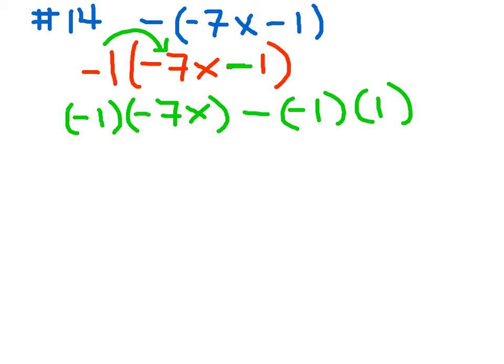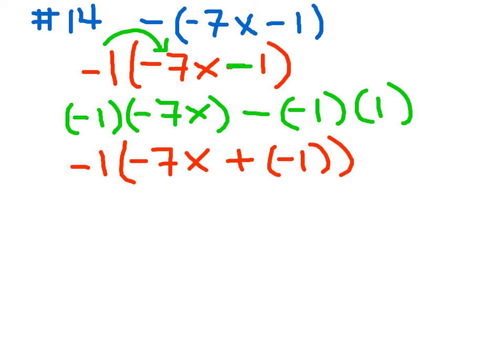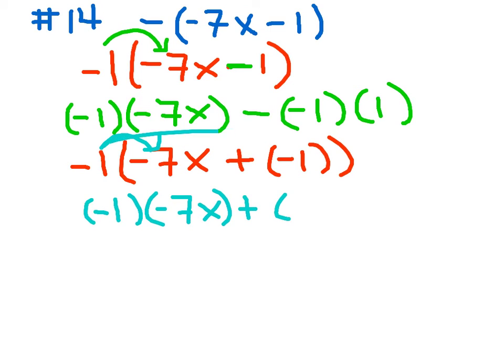If that's hard for me to see, maybe it's easier to think of it as -1 times -7x plus -1. You'll see you get exactly the same answer. I distribute here, and that's going to give me -1 times -7x plus, and I distribute here, and I get -1 times -1.